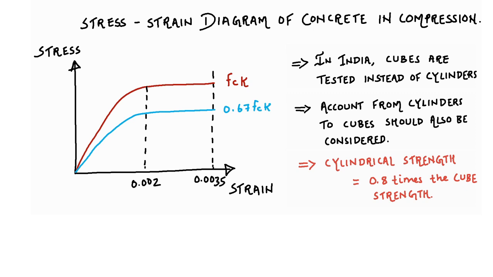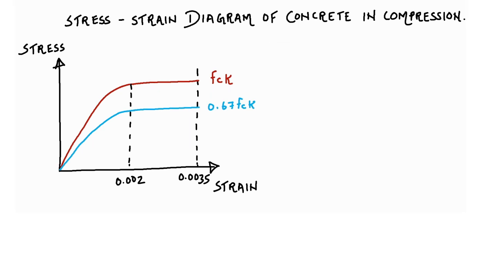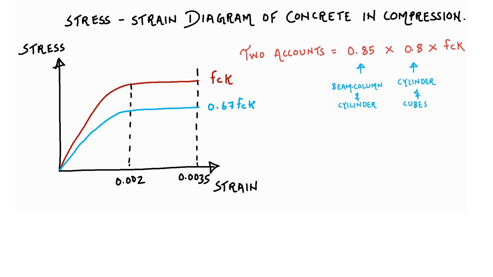Cylindrical strength is equal to 0.8 times the cube strength. So we have considered two accounts. One is the size difference of beam, column and the cylinders, and second is the size difference of cylinders and the cube. We multiply these two, 0.85 and 0.8. 0.85 is the first account and 0.8 is the second account. So the value comes to 0.67 FCK.